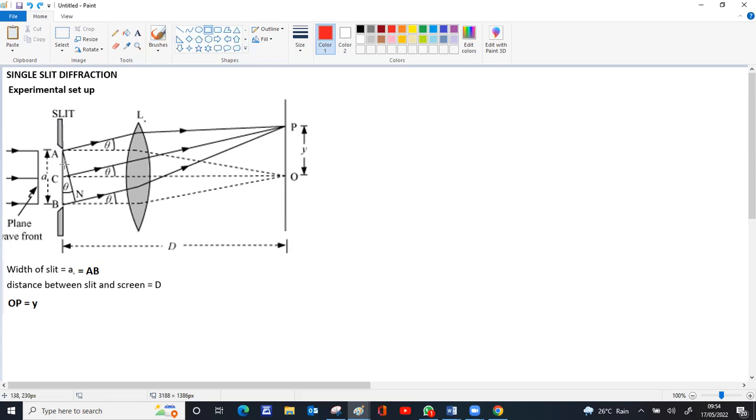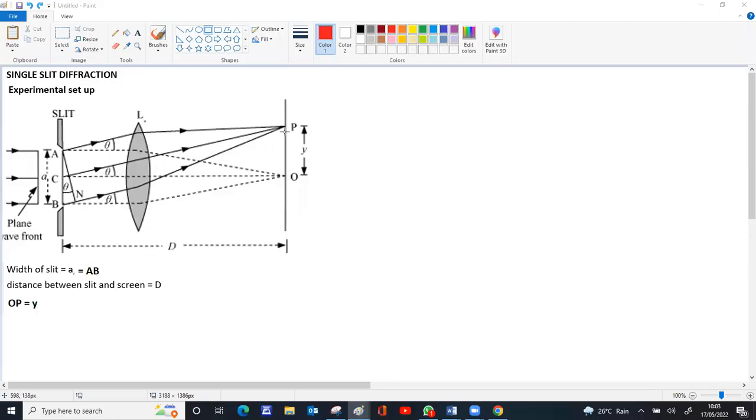For example, if this is 30 degrees, this angle will be 60 degrees, because line AB and this dotted line are at 90 degrees.